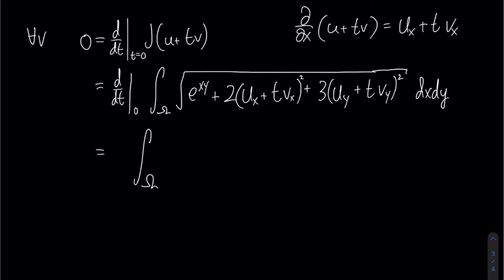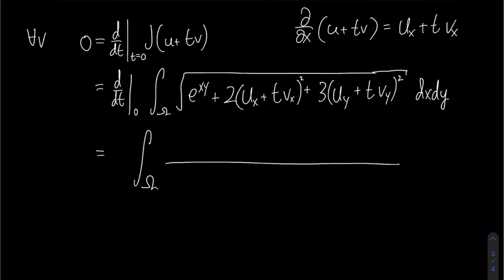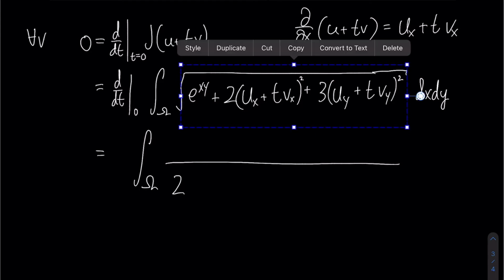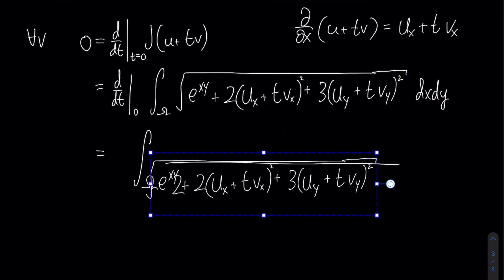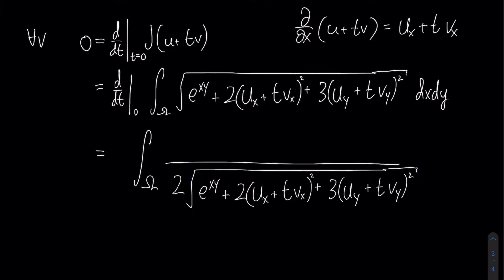Okay, so using the chain rule, I need to have twice of this part. Copy. Twice of this in the denominator. And I need to have the derivative of the t's on the numerator.